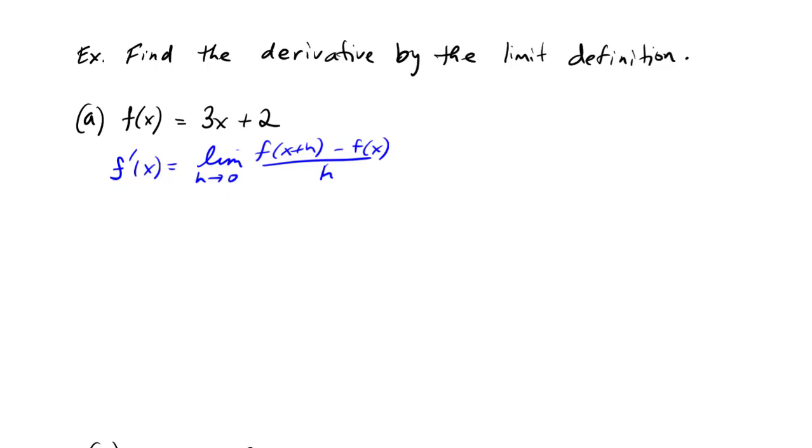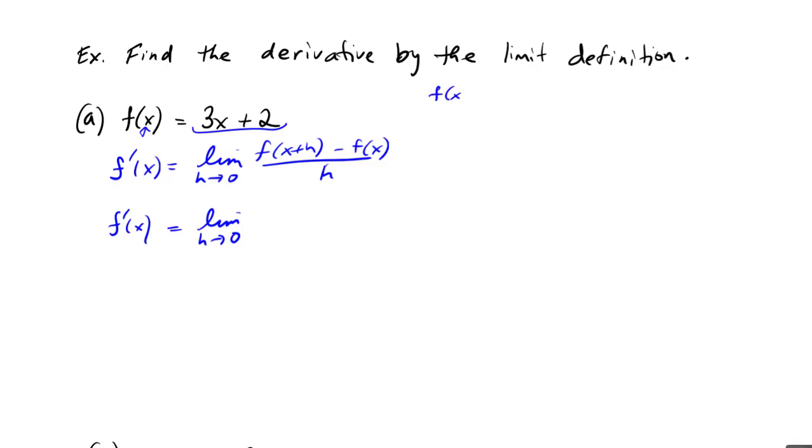So now what I'm going to do is basically apply that to this specific f. So the limit as h approaches 0, f of x plus h. What's being given to us is f of x. So f of x is 3x plus 2.